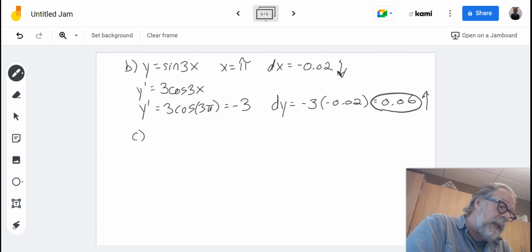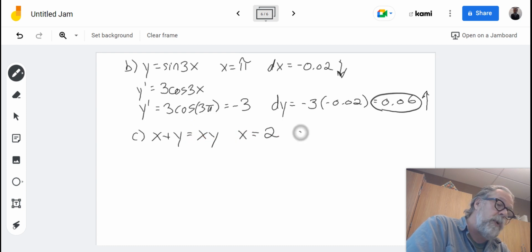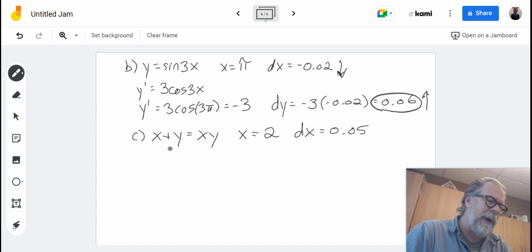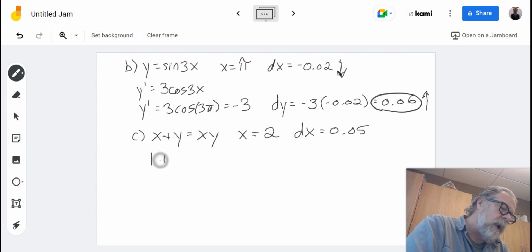All right, one last example, and this example is going to use implicit differentiation. We are at x equals 2, and we want to change x by a very small amount, 0.05. And notice we don't have to use implicit differentiation, but it's already written as function of x and y, so why not? Our derivative is 1 plus y prime equals y plus xy prime.